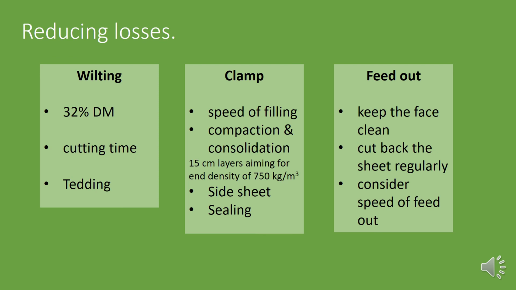And that means that if you need to get across the face a bit faster because you've got some aerobic spoilage occurring, you can take half depth blocks in order to clear the face. If your feed out speed is quite slow, it actually might be important to consider making silage in bales, because then you can control the opening of bales as you need.